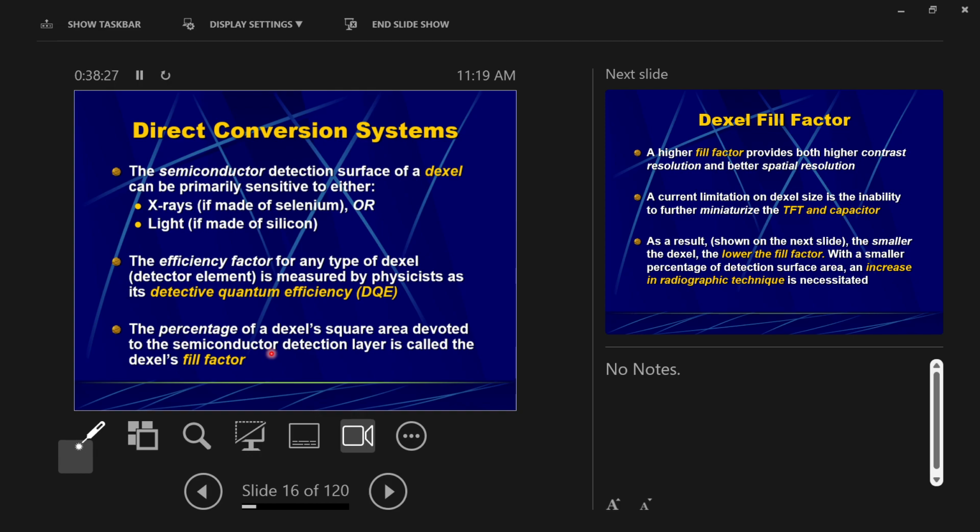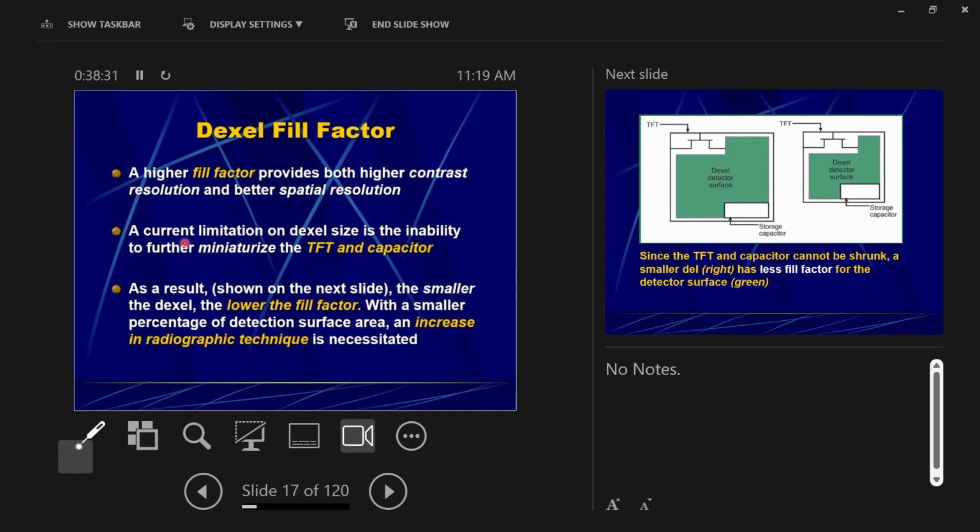There's a reason for this that I'm trying to build up to. The higher the fill factor is, the more of the detector element's surface is dedicated to detecting, the better. The more you can detect, the better. So a higher fill factor would give higher contrast resolution.